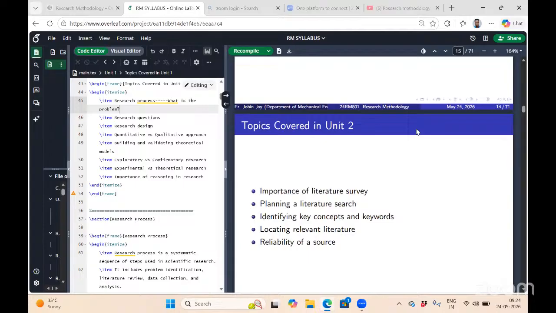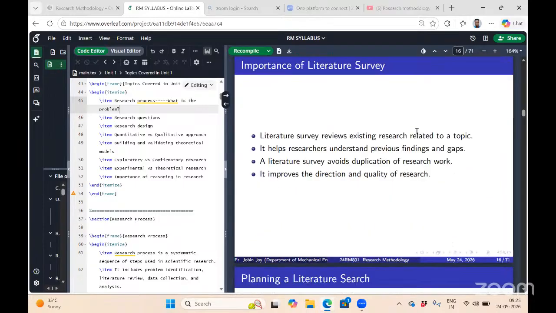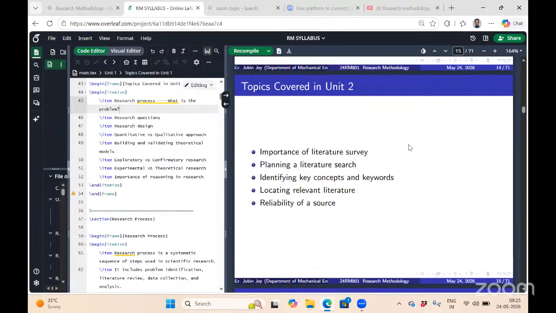Coming to the literature survey and research process. What is the importance of literature survey? Literature survey means this reviews the previous studies related to a particular topic. For example, digital twin, or robotics or automation. So this literature survey will help the researcher to understand the previous studies.